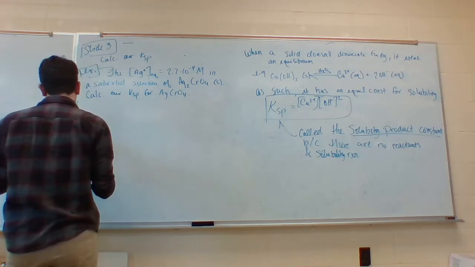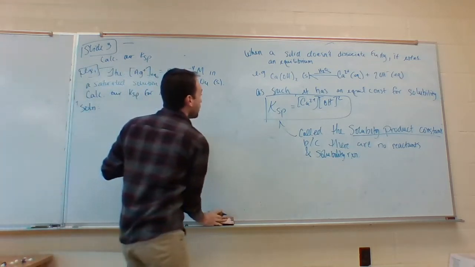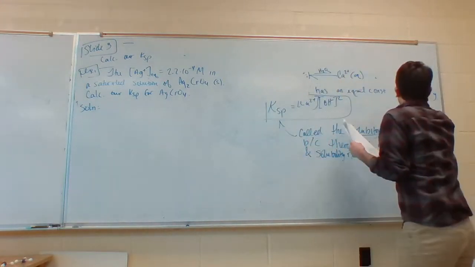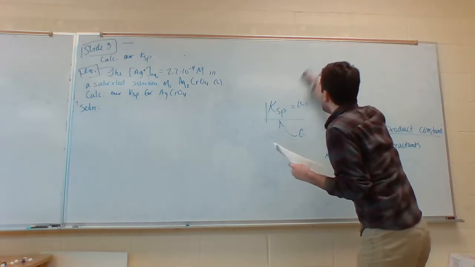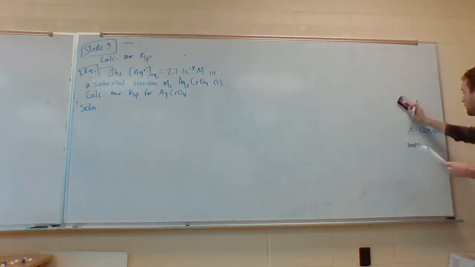Now for our solution, we know that this is going to be an equilibrium problem. Since we're talking about our Ksp, the solubility product constant, that has to deal with equilibrium.